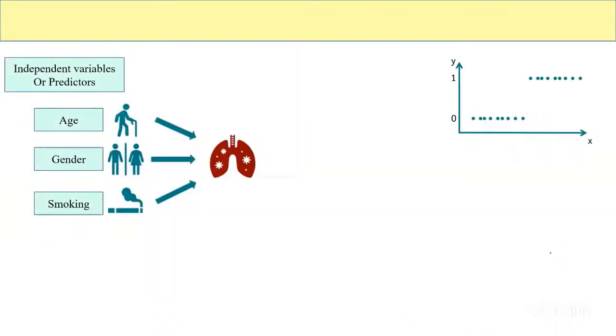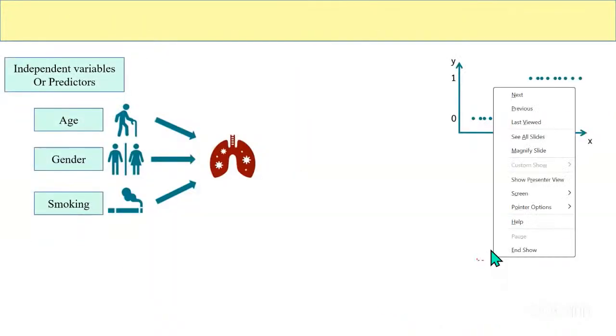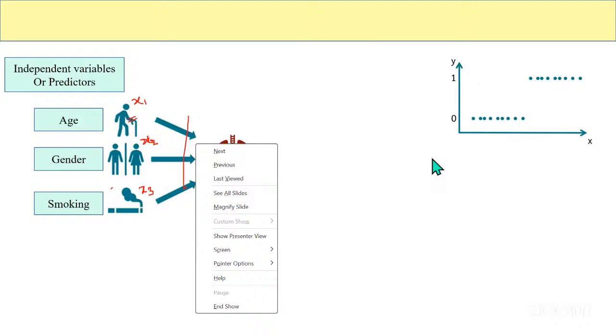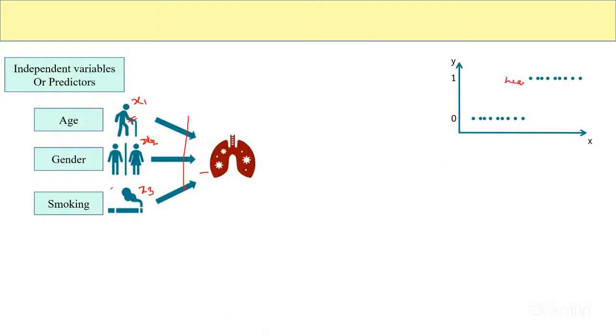Coming to the logistic regression application, we have independent variables or predictor variables, maybe x1, x2, and x3. Now we are going to see a simple example: whether age of a person impacts heart health, or gender impacts heart health, or smoking impacts heart health. If these three are impacting, then I can say the person has some heart related issue.